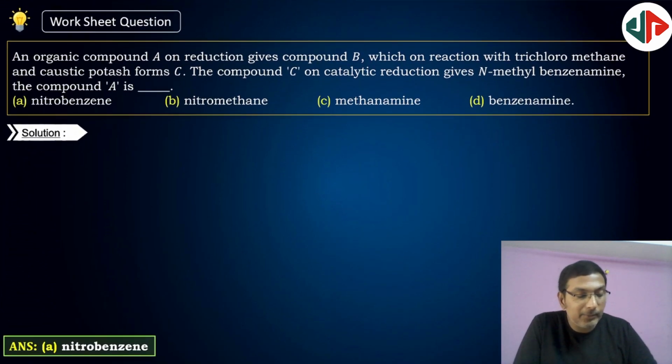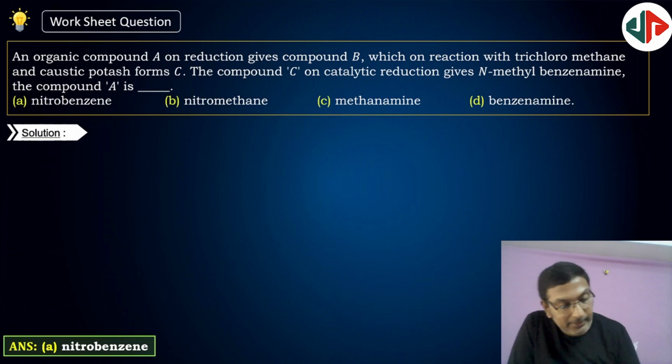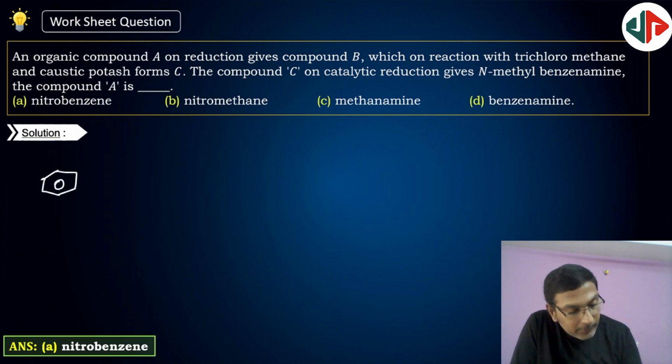An organic compound A on reduction gives compound B, which on reaction with trichloromethane, which is chloroform, and caustic soda forms C. The compound C on catalytic reduction gives N-methyl benzenamine. What is compound A? Here I am taking NO2, nitrobenzene.